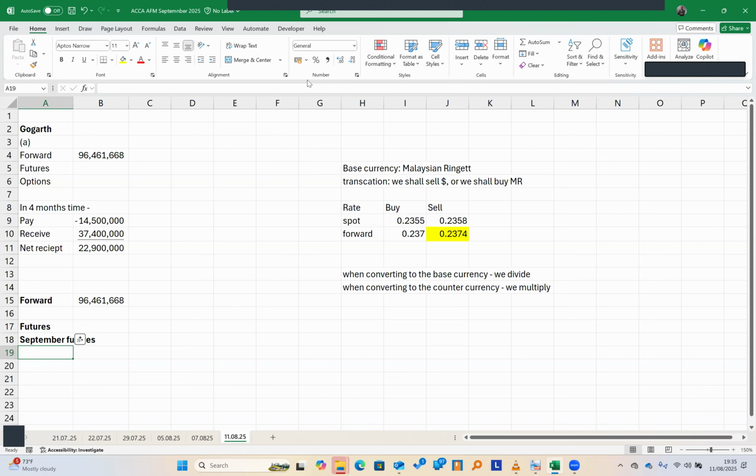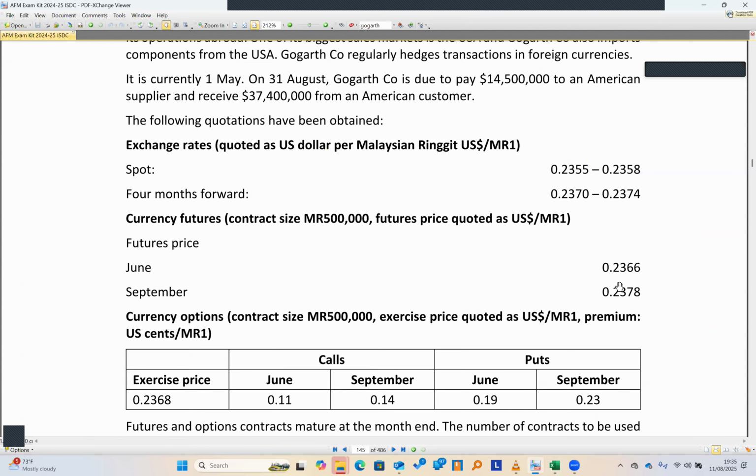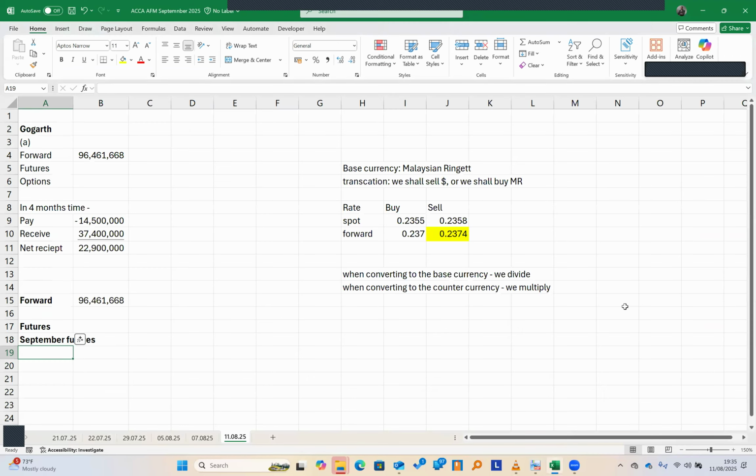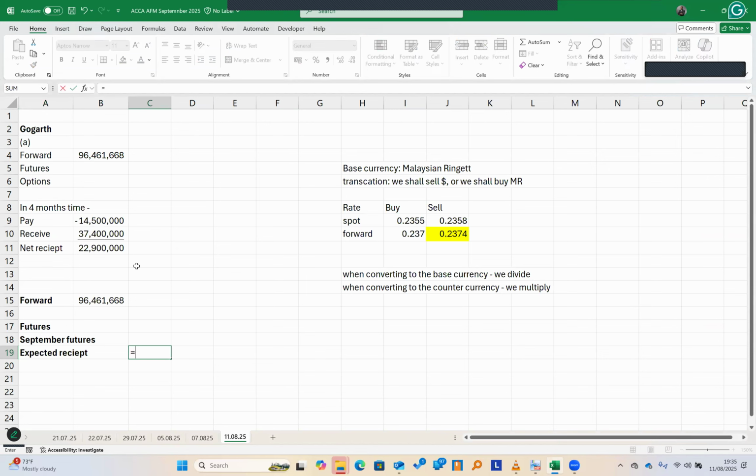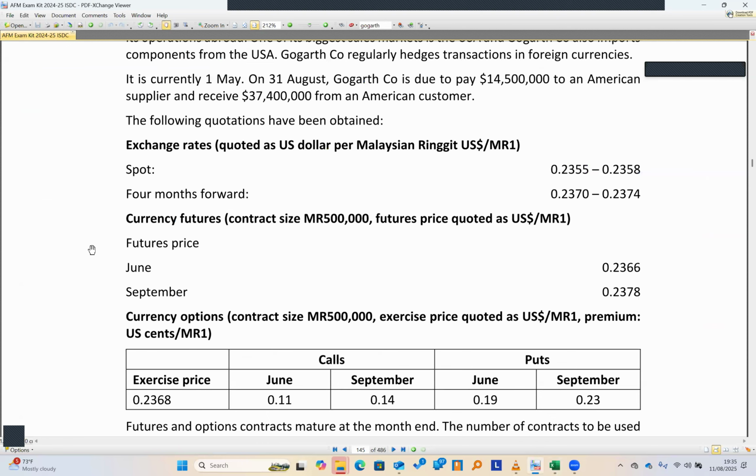So if these are September futures, remember we are buying them at 0.2378. So the expected receipt will be this divided by 0.2378.